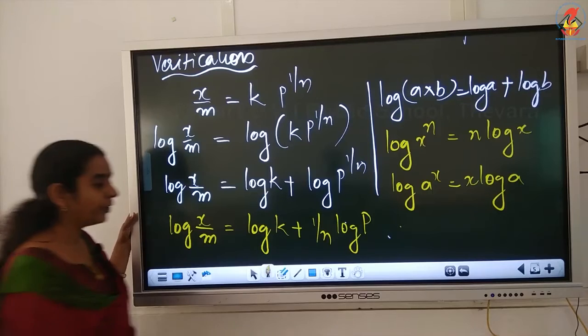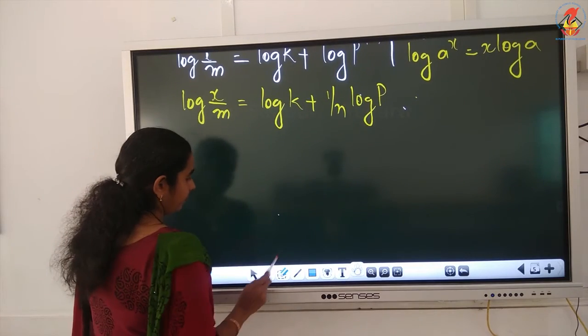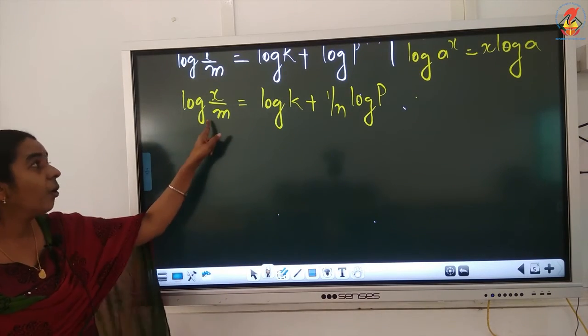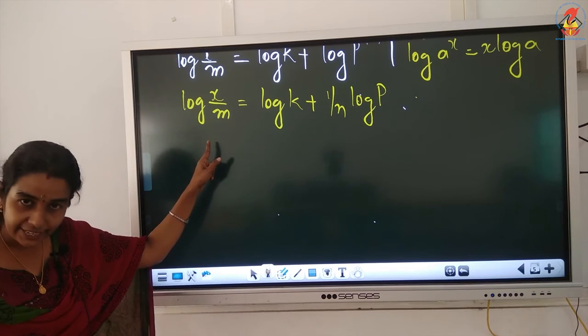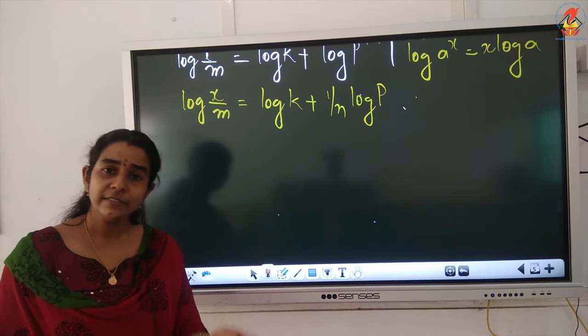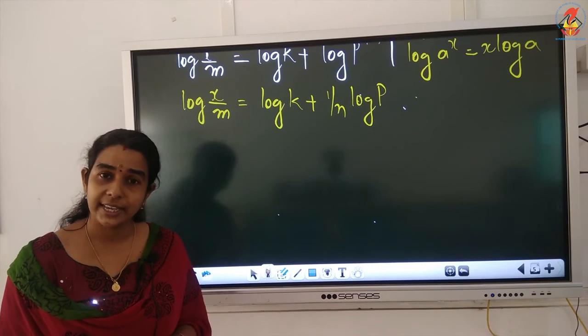Now how can we verify this equation? By plotting a graph, by taking log x by m along the y axis and log p along the x axis. Why are we plotting log x by m along the y axis and log p along the x axis?